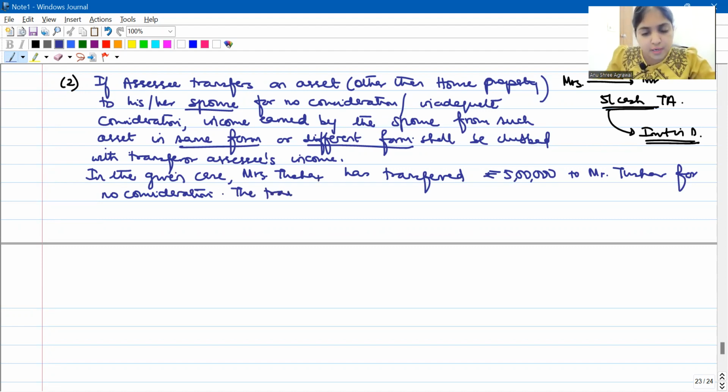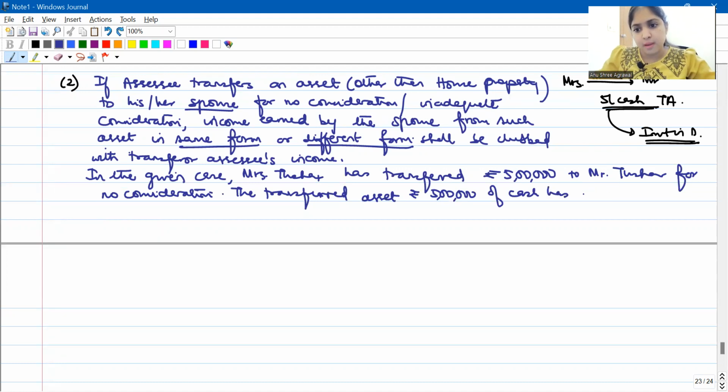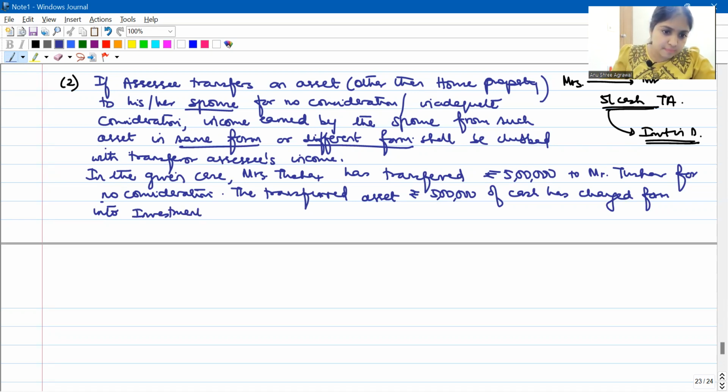The transferred asset, rupees 5 lakhs of cash, has changed form into investment in business.